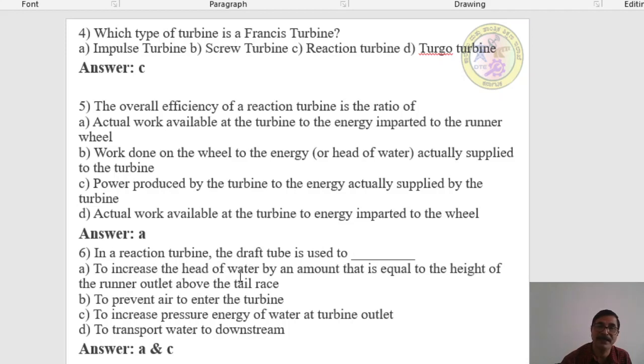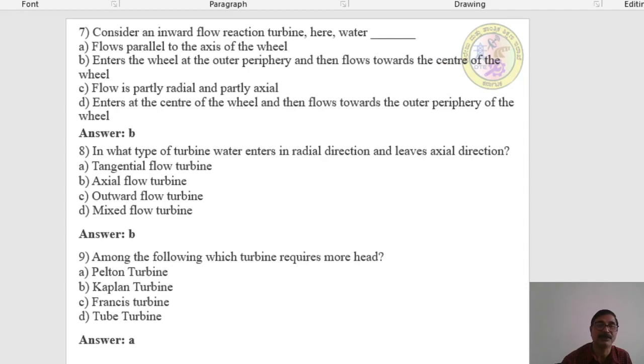First, to increase the head of water by an amount equal to the height of the runner at the outlet above the tail race. This is correct. To prevent air from entering the turbine, this is not relevant. And third, to increase the pressure energy of water at the turbine, this is also correct. So the draft tube performs these two functions indicated by A and C. The answer is A and C, both are correct.